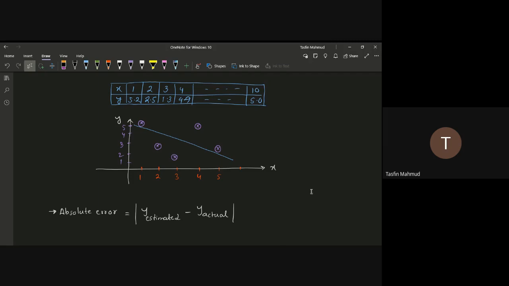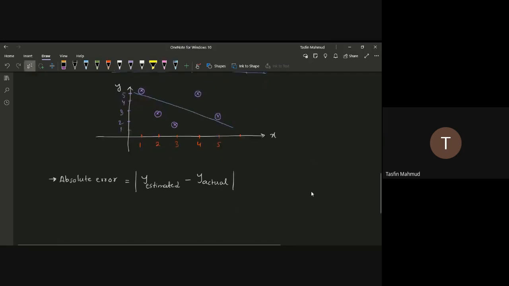So this is the absolute error, and we can consider the squared error as, let's define one more thing, the squared error. So the squared error is we are actually considering the y estimated, and we are going to subtract y actual and take its square. So this is the squared error.